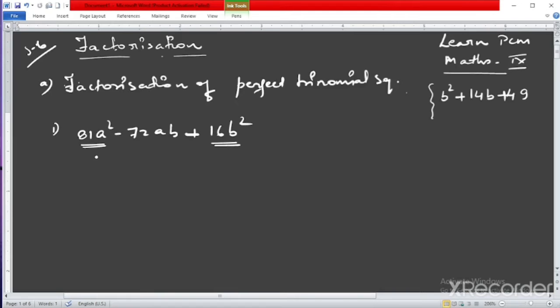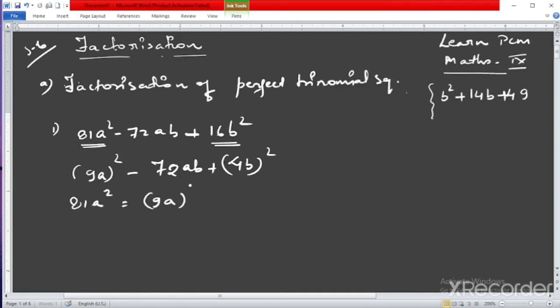You can write it in this form: 9a whole square, minus 72ab, plus 4b whole square. That is, 81a square can be written as 9a whole square, and if you find the square root of 9a whole square, the square and the root cancel, and you get 9a.